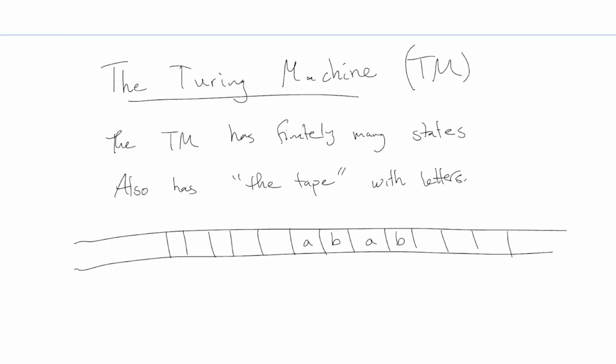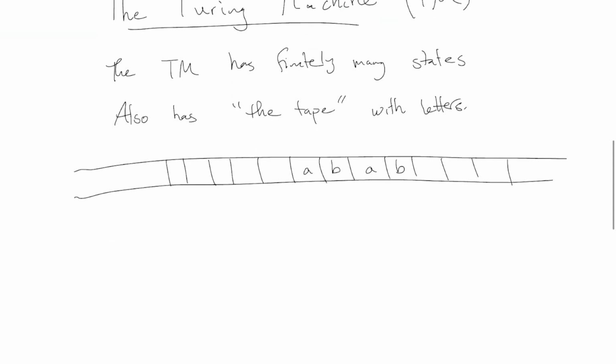All right? The tape is infinitely long in both directions, okay? You cannot create a Turing machine in real life because of this, although our real life computers are basically like Turing machines with super, super long tapes, although technically not infinitely long. Anyway, it has the tape with letters. So the tape is infinite in length in both directions.